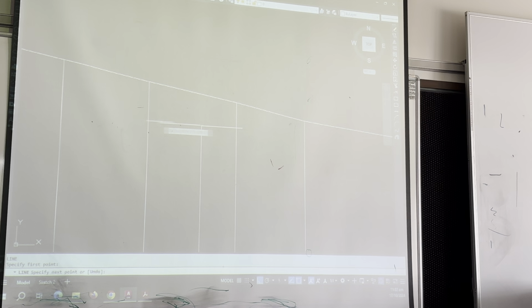A line from there across 1.5. A batter slope along 1.5, up 1, and back down to wherever the 3 was, there. So it's not as prominent this time, is it? It's 1.5, up 1, back down to there, and raise that, trim that. And we have our new cross section.